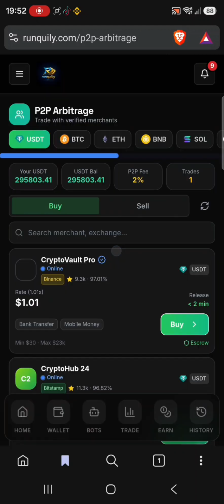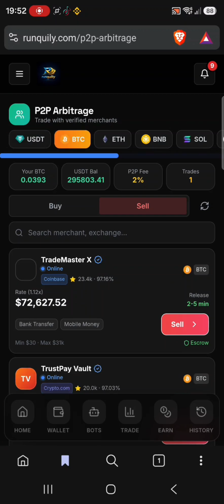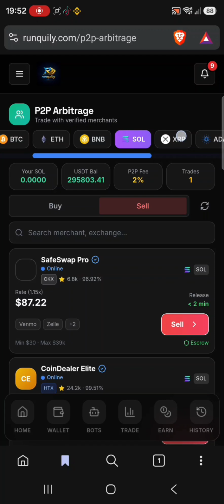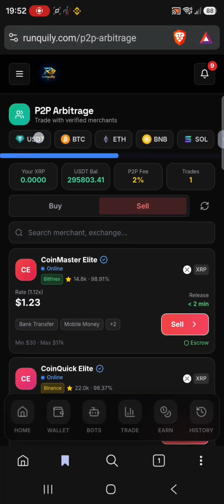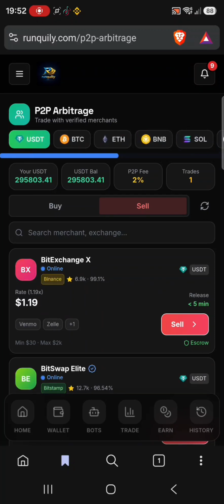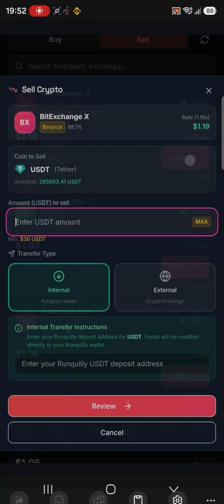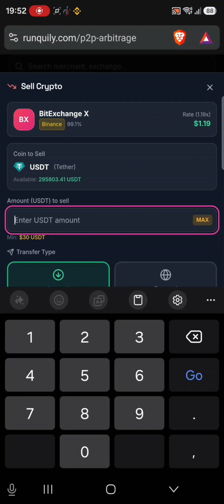You just come and click on P2P arbitrage, then here you are selling. So remember I said you can sell BTC, Ethereum, BNB, Solana, XRP. It depends on the cryptocurrency you want to trade. Mine, I'll be trading USDT, which I've bought on Binance, funded my Ranquilly, and I will be selling it here.